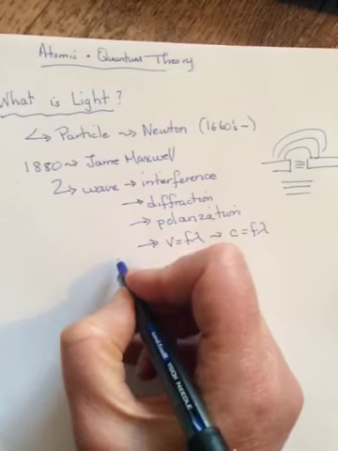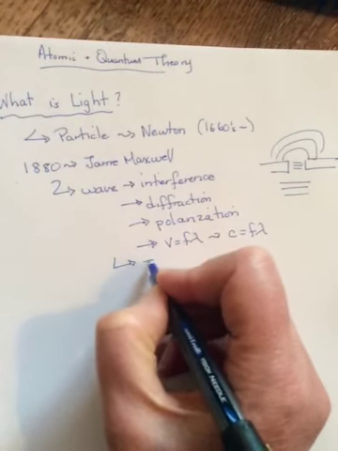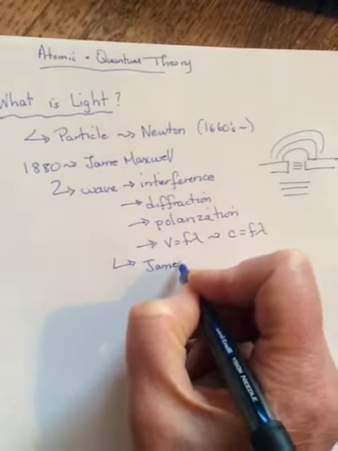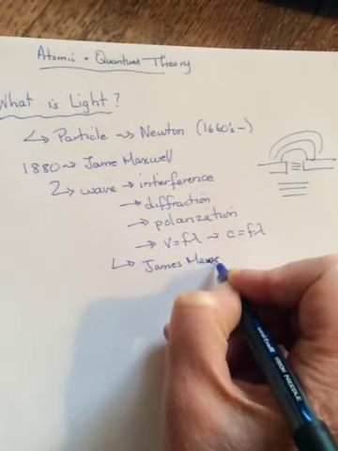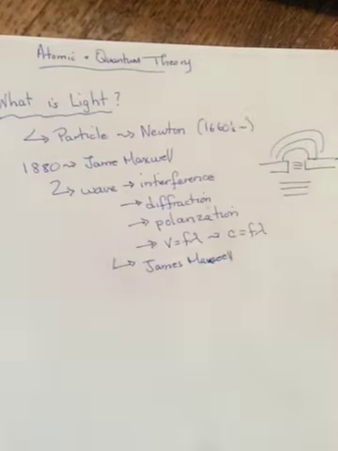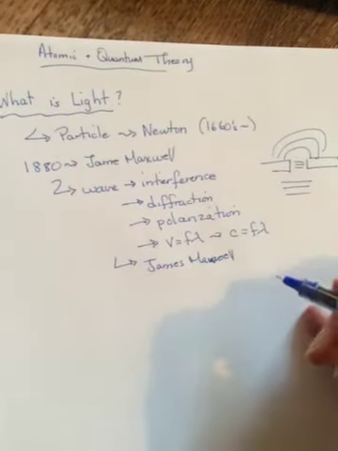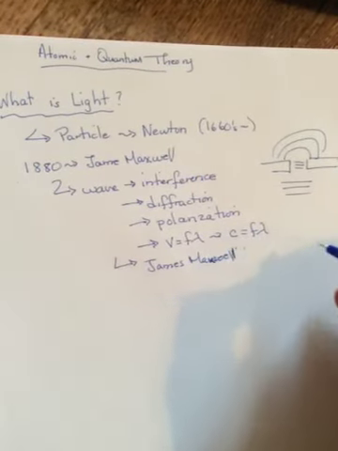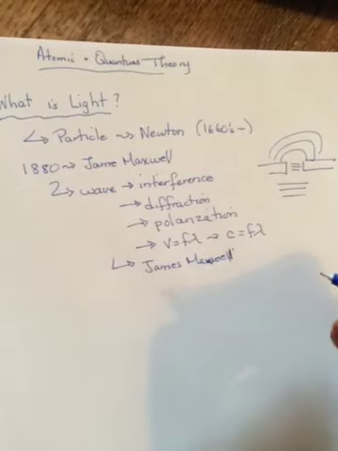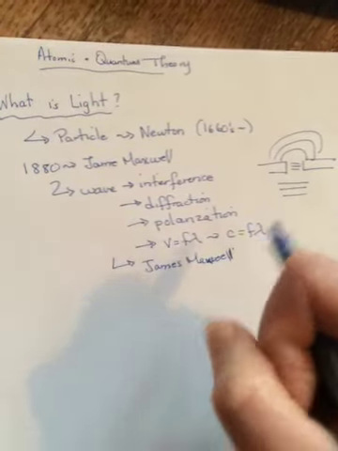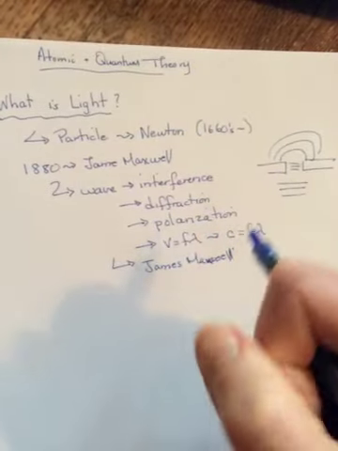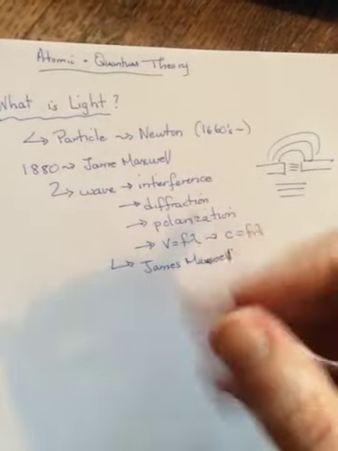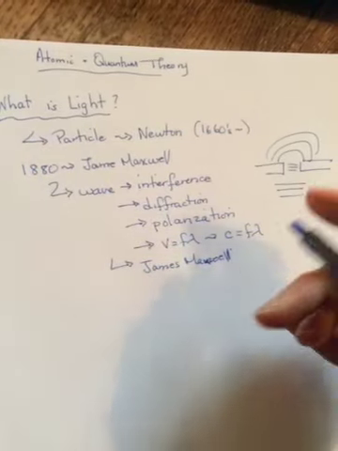And then the final nail in the coffin was James Maxwell. James Maxwell, who showed that light and other electromagnetic radiation could be described as waves being given off as energy, as a result of electric and magnetic fields interacting.